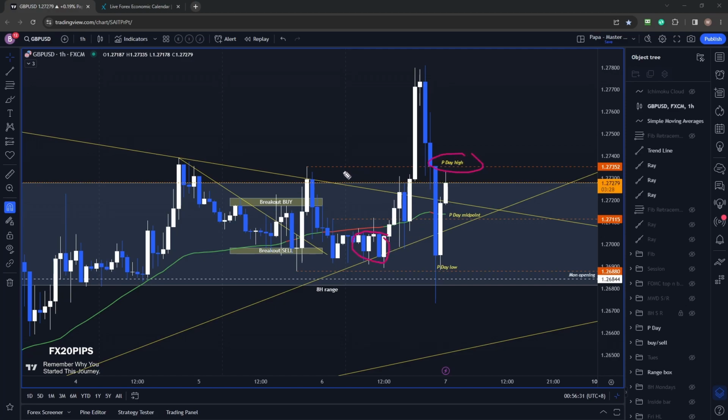This is the high of Wednesday, low of Wednesday, and then we have a midpoint of Wednesday. What you need to know is the P wave becomes narrower and narrower, right? And none of these prices go below here.